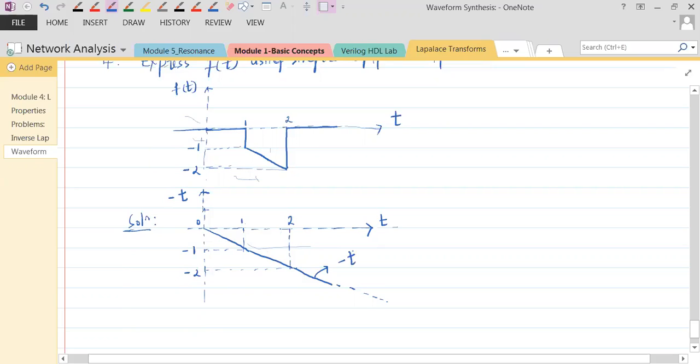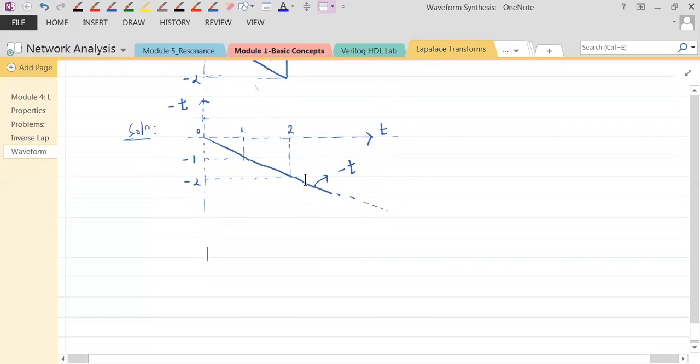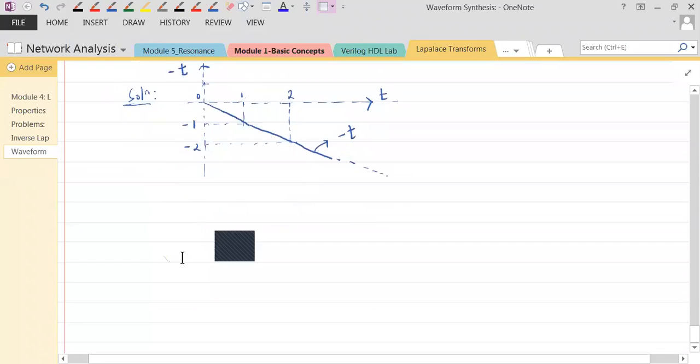Now, which waveform do you need along with this? You need this waveform for multiplication. See here, everybody, I need a waveform which is 1 from 1 to 2. This is the part of the ramp I need.